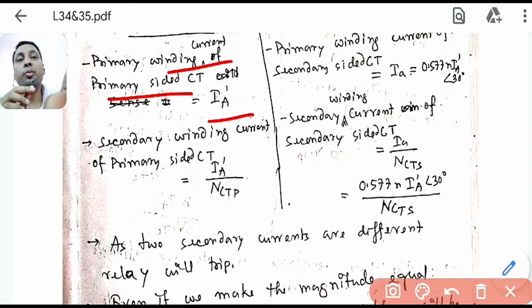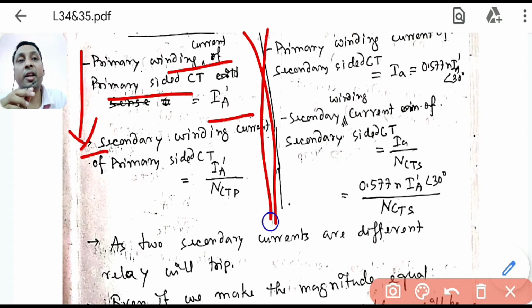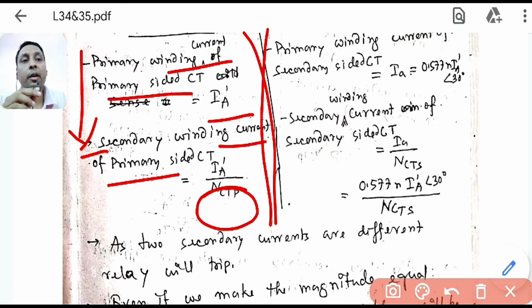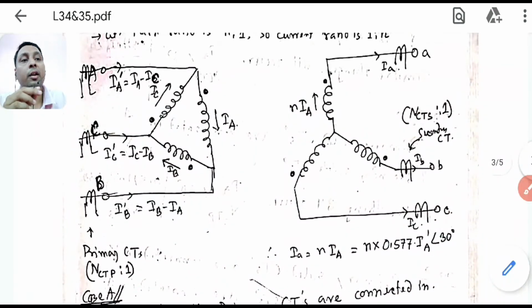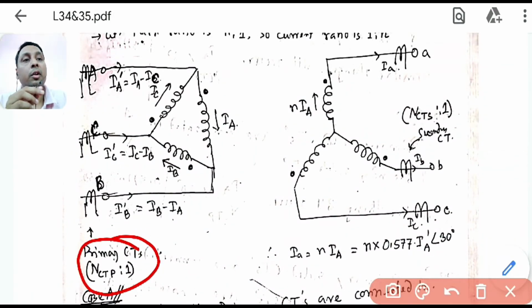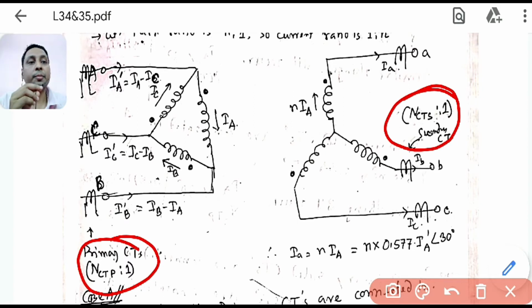So what will be the corresponding secondary current on this side, the primary side? That's why I have segregated them. Let the ratio here be NCTP, and the secondary sided CT ratio I have taken as NCTS. These CTs have this ratio, and these CTs have that ratio.